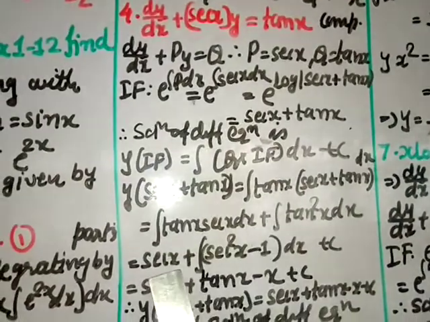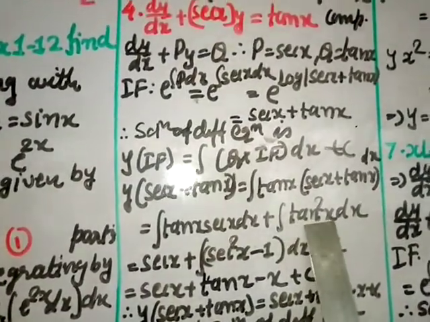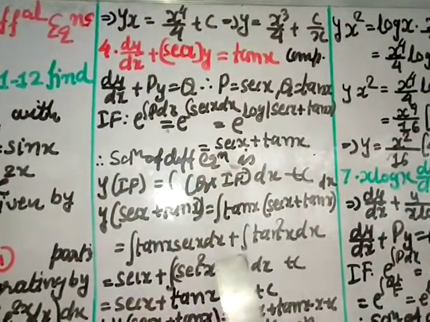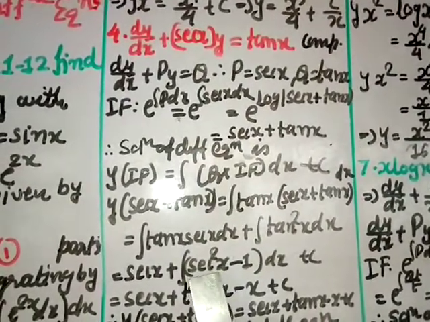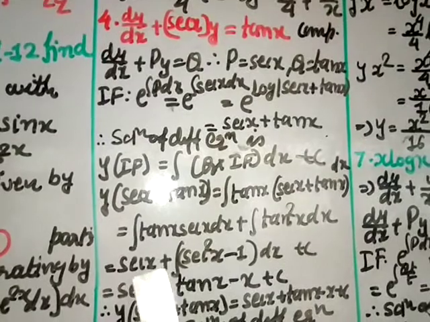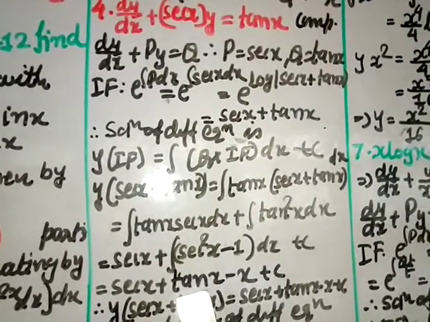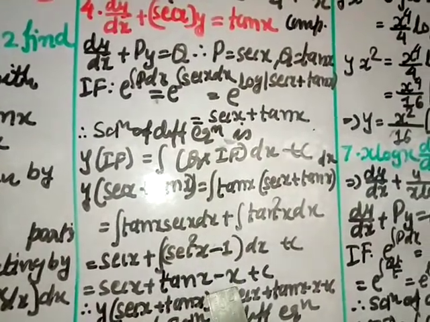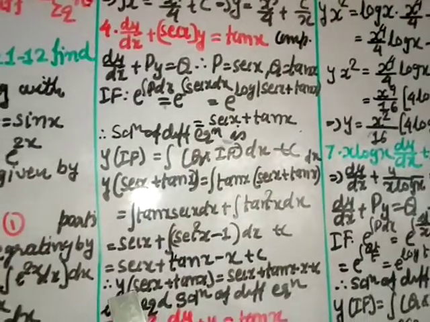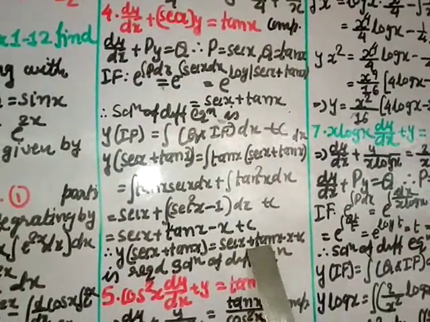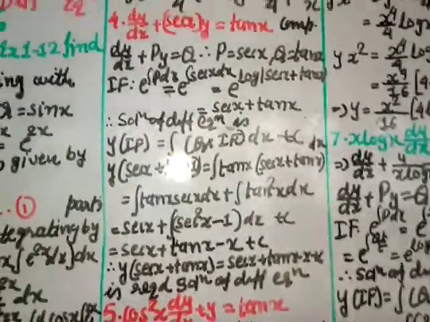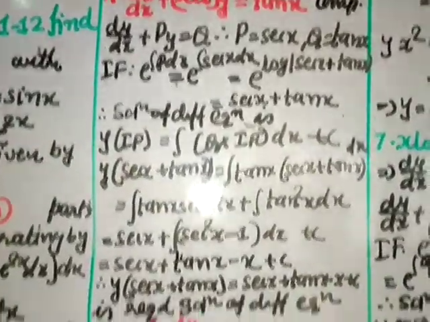Using the trigonometric identity tan² x = sec² x − 1, sec x tan x integrates to sec x, sec² x integrates to tan x, and the integral of 1 is x. So y(sec x + tan x) = sec x + tan x − x + c. That is the solution for the given differential equation.